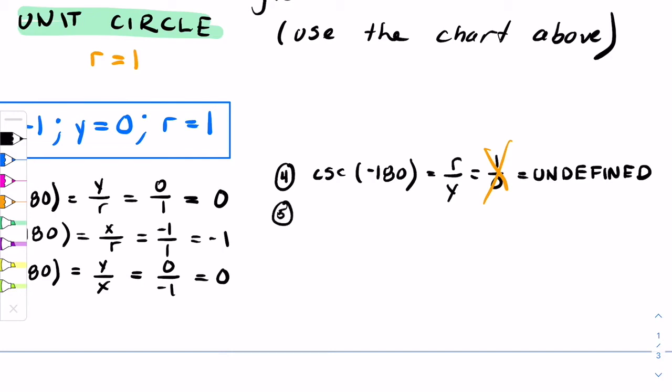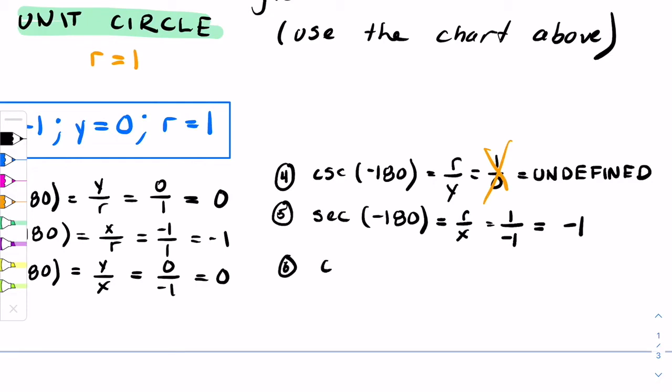The fifth trig value is secant. Secant of negative 180 is x over r. Oh, I said that backwards. Secant of negative 180 is r over x, which is positive 1 over negative 1. I keep writing the wrong thing. Positive 1 over negative 1, which is negative 1.